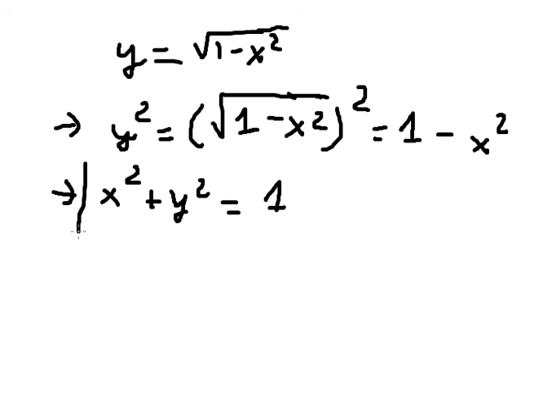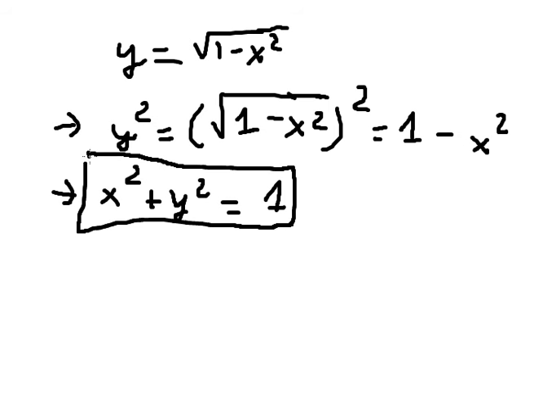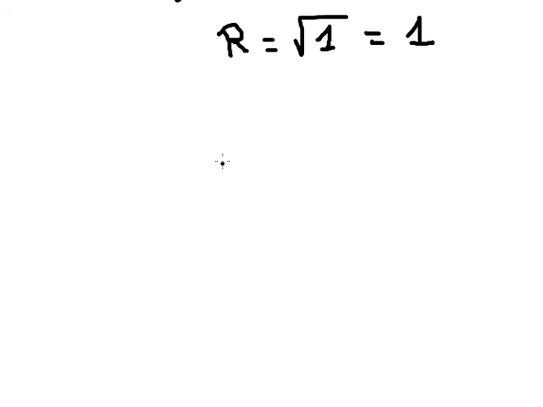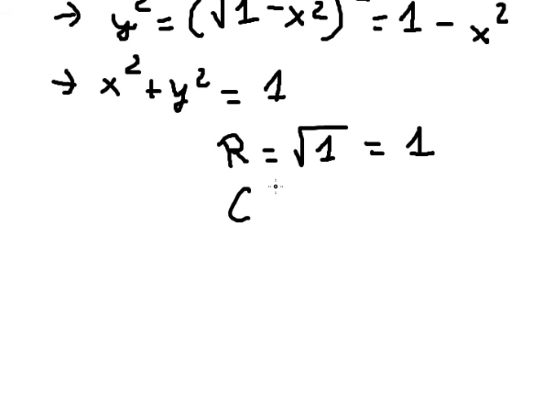Now we need to draw the circle. This is a circle with radius the square root of 1, which equals 1, and the center is at 0, 0.